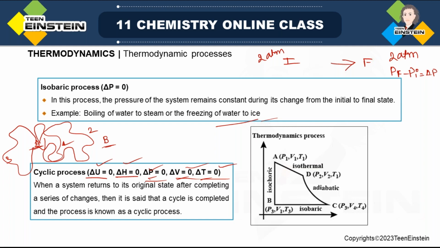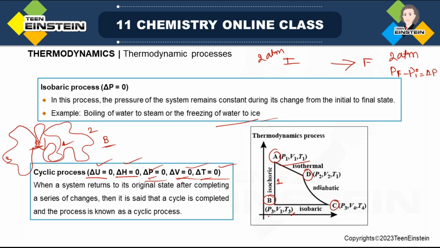So in this picture, we have taken 4 points, A, B, C and D. Now when we are moving from A to B, suppose it is 1. In this case, initially it is P1, V1, T1. Now when you have reached point B, there is a change in temperature.